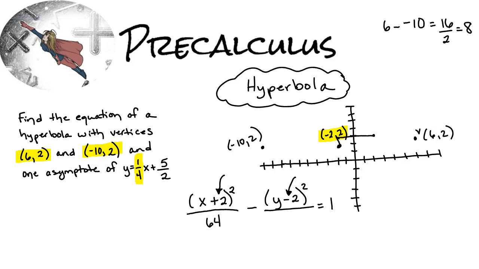This vertex over here. So I'd have to count up 1 again over another 4, which will actually take me right to it. 1, 2, 3, 4. Now, this is going to be the corner of the box that you draw when you draw a hyperbola.